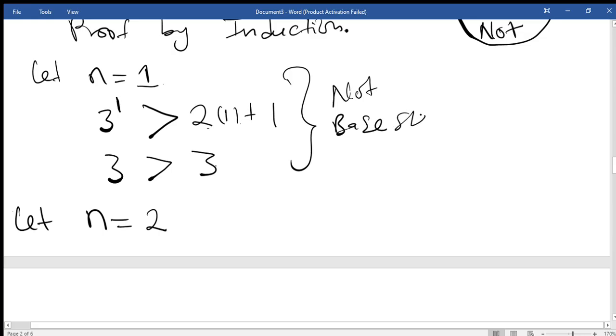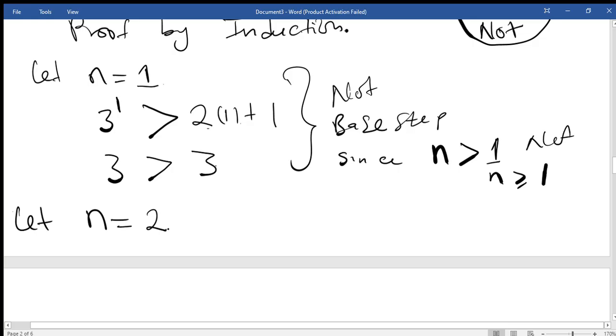This will not be the best step since n is greater than 1 and not n greater than or equal to 1. So we pay particular attention to that. So we let n be equal to 2. This will be our base step.